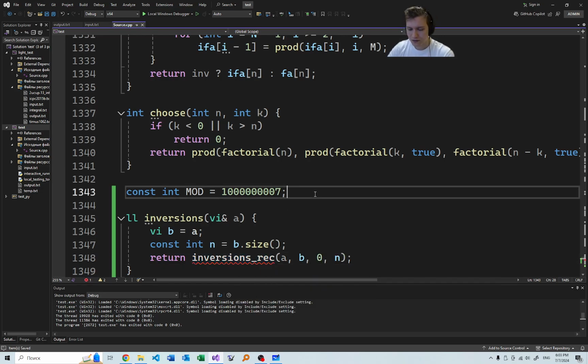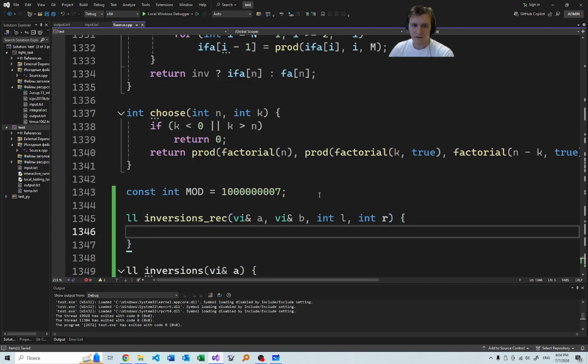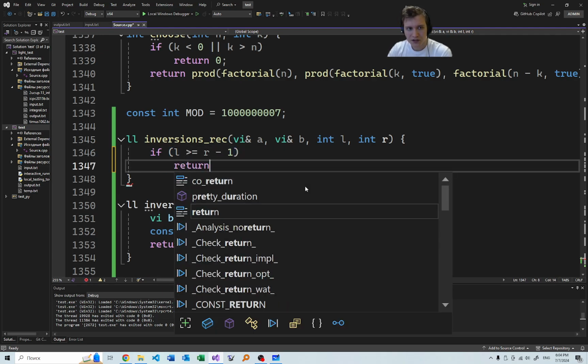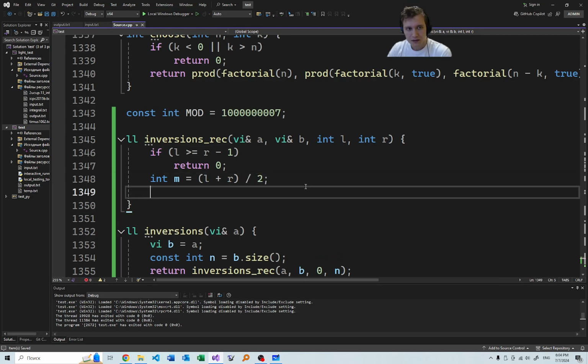What does it do? So first of all, if L is at least R minus 1, it just returns 0. Otherwise, it says int M is L plus R over 2. Then it sorts the two halves.